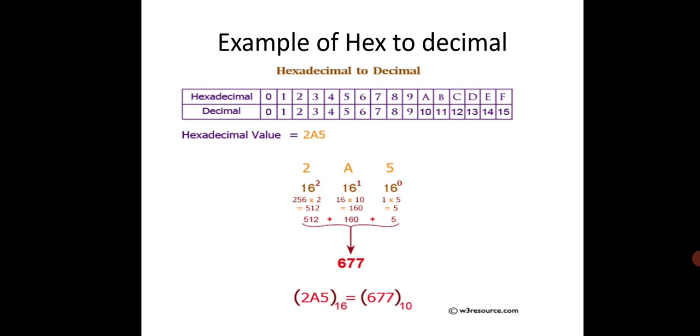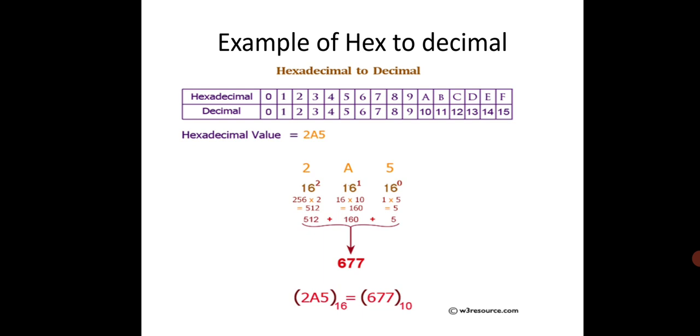We will start from the left hand side, that means 5. So 5 into 16 raised to 0, it is 5. A we will denote as 16 raised to 1. 2 we will denote as 16 raised to 2.